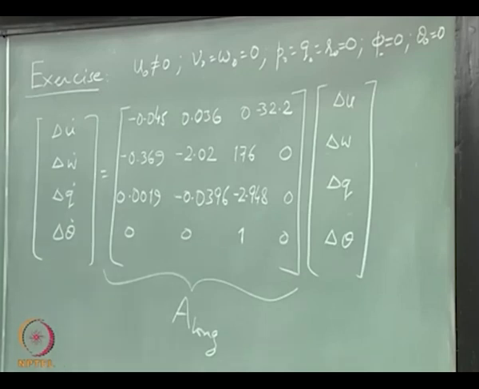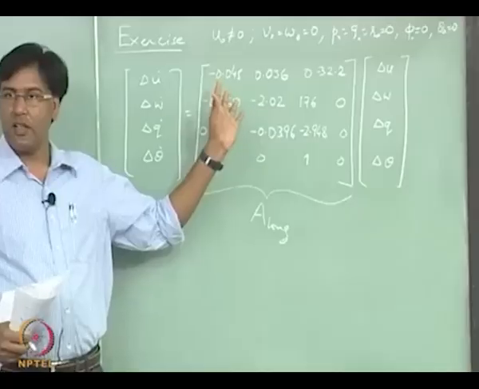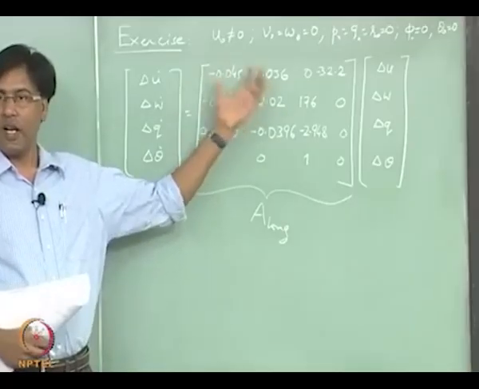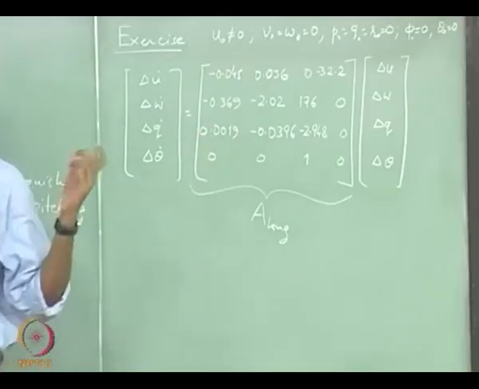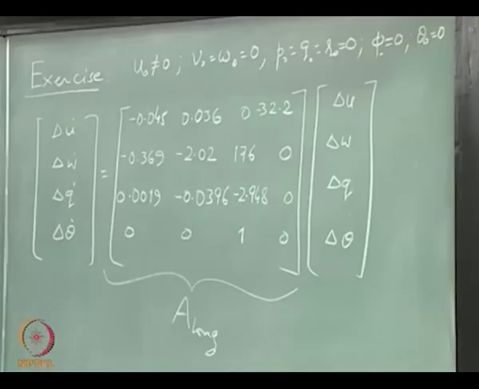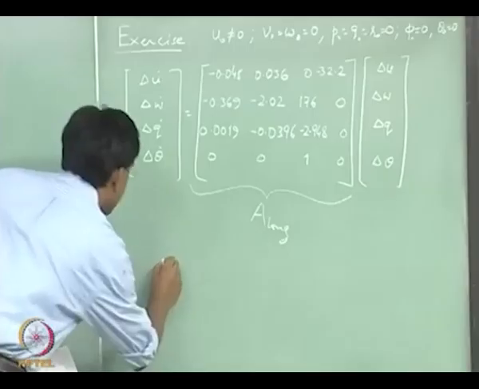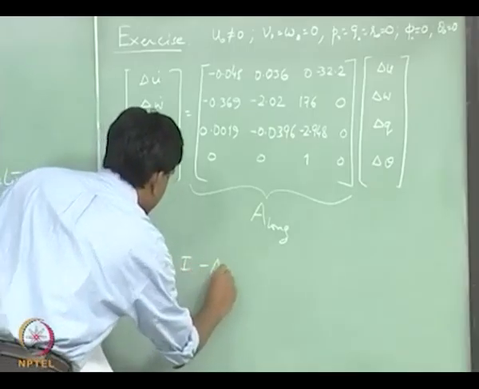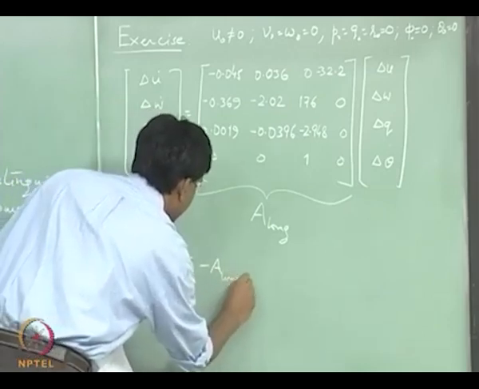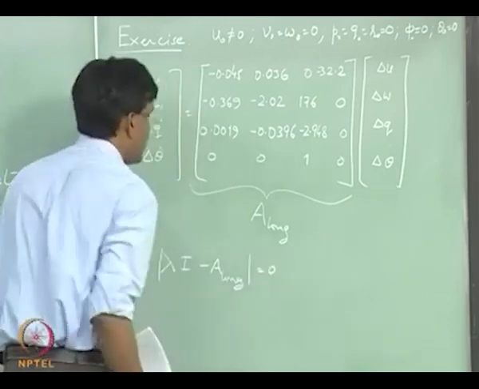Now we have to find the eigenvalues of this matrix, and those eigenvalues are going to be exact. I am solving an eigenvalue problem on computer without doing any simplification. I am including all the parameters of the aircraft here, so I will get exact eigenvalues from this procedure.